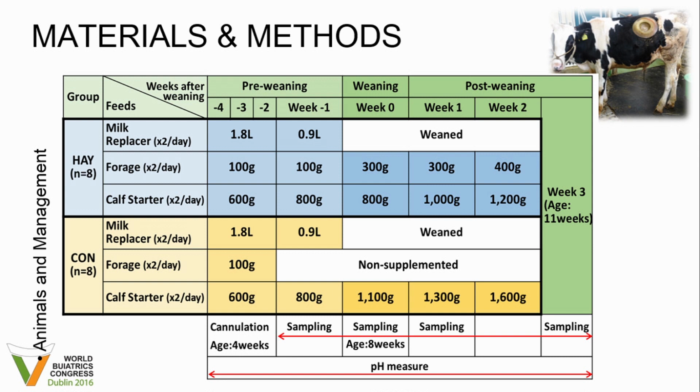For the analysis of VFA and bacterial community, rumen fluid samples were collected at 7, 8, 9, and 11 weeks of age, namely -1, 0, 1, and 3 weeks after weaning.